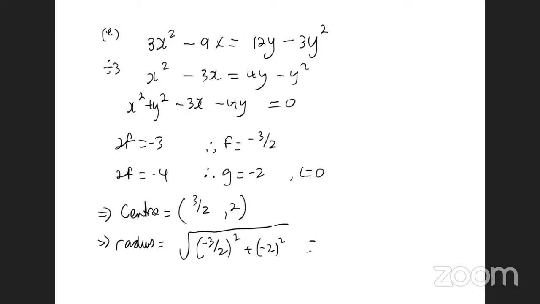What did you all get there? Any working out? 2.5, final answer. What did you all get for the square root of the whole thing? Okay, so what's the answer? Square root of what?